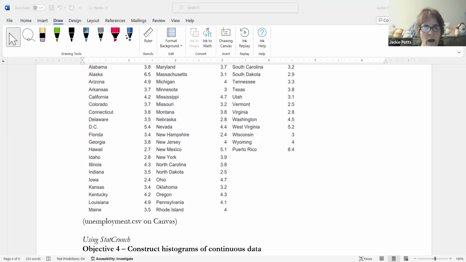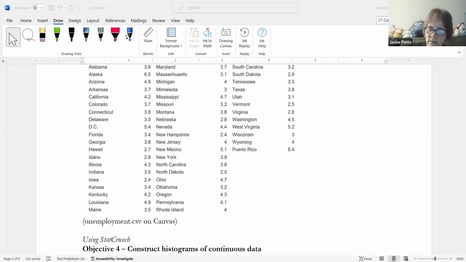But remember, to find class widths, I'm going to scroll down here in just a moment. We need this from smallest to largest. So I'm going to click on that arrow down and I'm going to tell it to sort. I'm going to do this again here in a minute. So my smallest piece of data is 2.4, my biggest being 8.4. So remember how we calculated class widths?